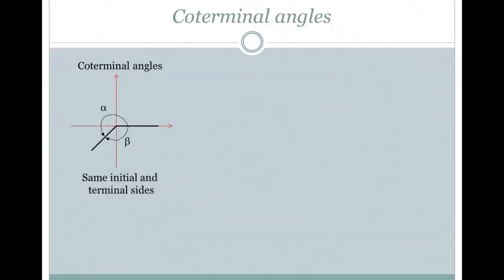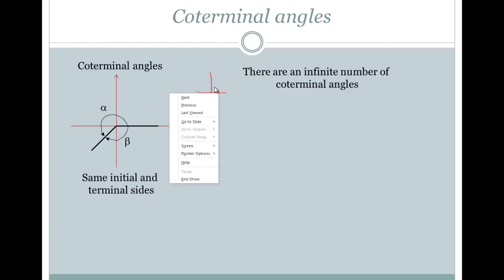We talked about coterminal angles. Coterminal angles have the same initial and terminal side, and there are an infinite number of them. Let's look at a simple example. This angle here is pi. If I go this way, I can go to negative pi.